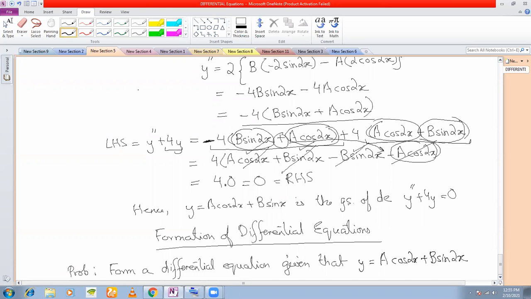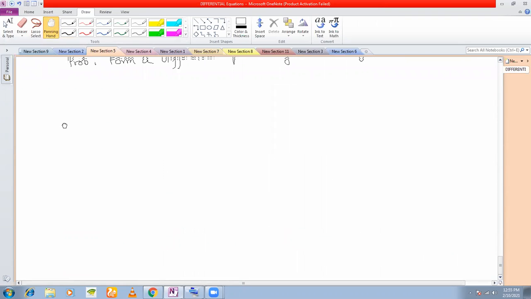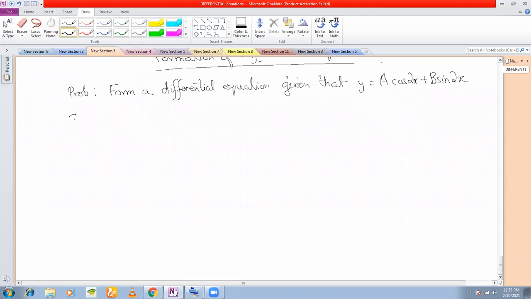You need to form a differential equation for this. Now see, first of all, you must see the following. This is the solution of the differential equation. The solution is given to you, right? And the solution contains how many arbitrary constants? 2.